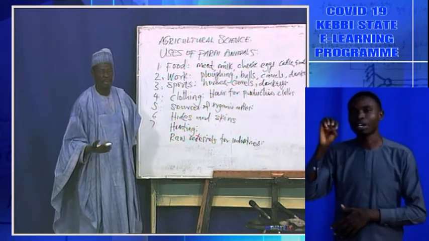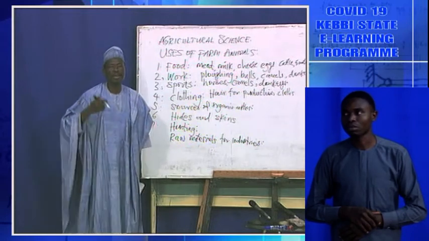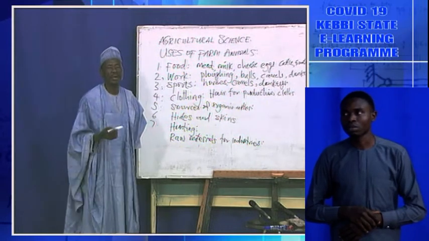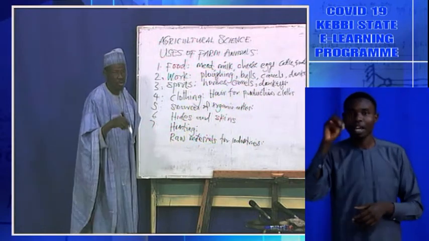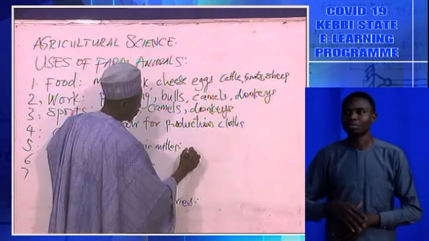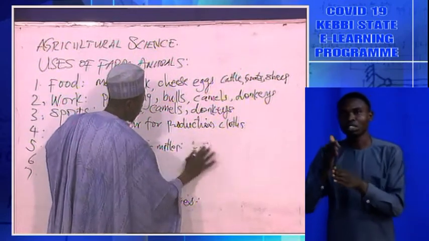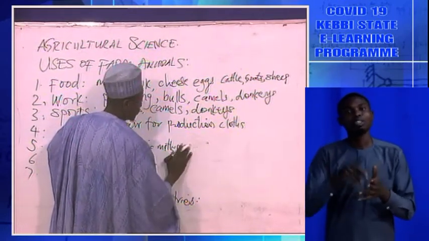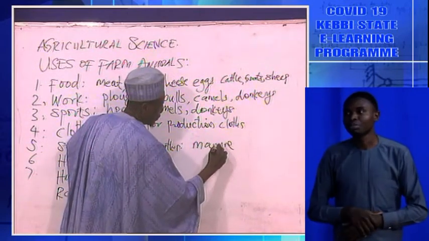We use organic matter. It's very, very good. It saves us from spending money in buying fertilizer, but you get organic matter and use. So, organic matter or manure, let's say manure.